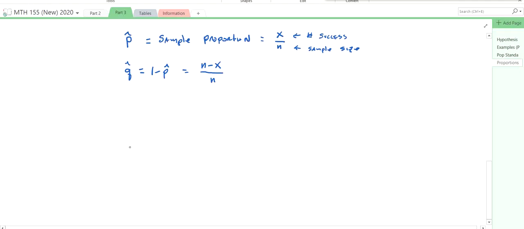And P hat plus Q hat equals 1. Just recall that: P hat plus Q hat always is going to equal 1. You either have P hat or you have Q hat.